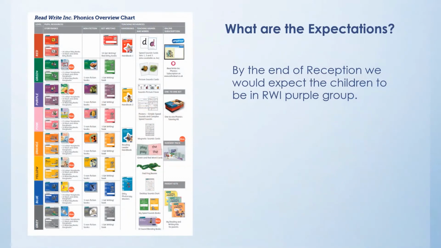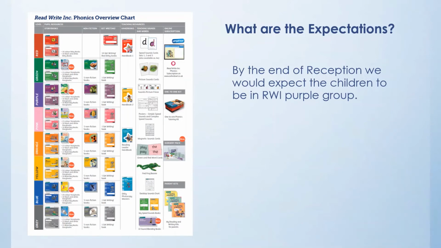So what are the expectations? By the end of reception, we would want children to be in a Read Write Inc. Purple group. On the left of this phonics overview chart, you can see the different colours in Read Write Inc. When children start reception, they are learning those set one sounds.